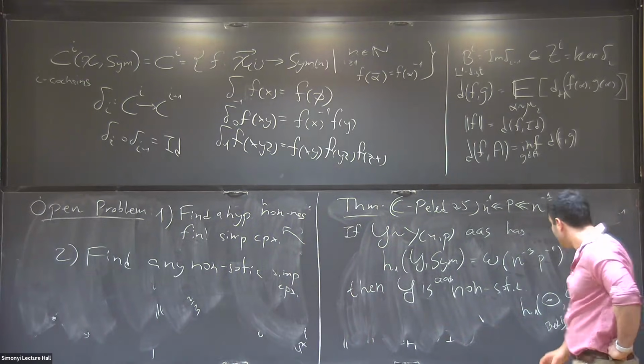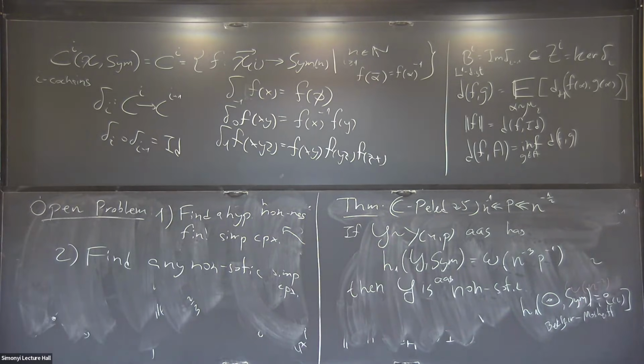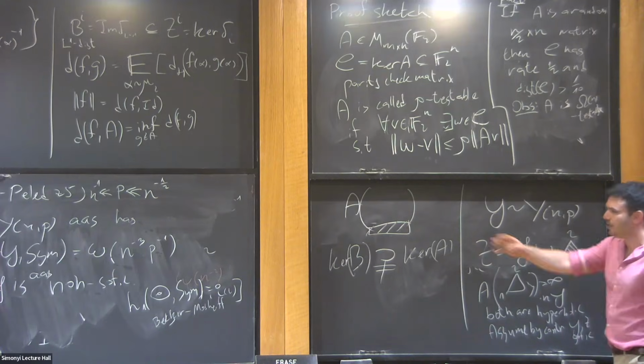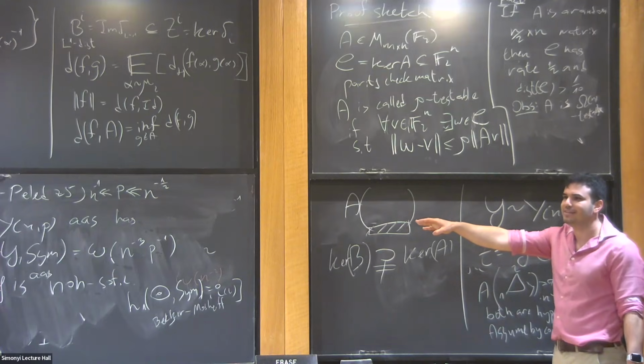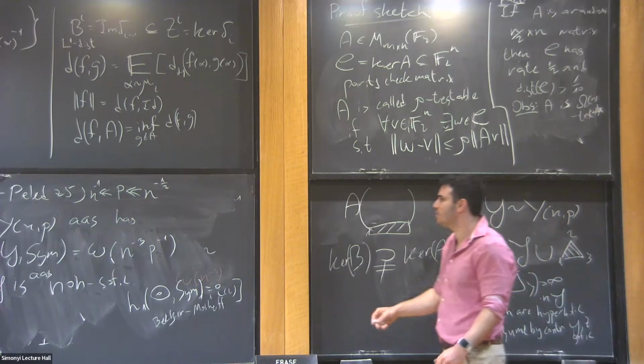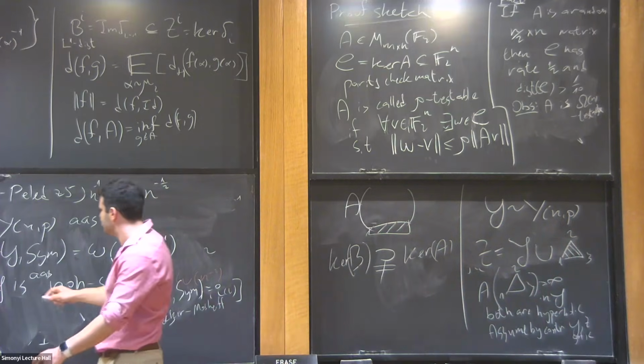But my point is, either y or z is non-sophic, in which case this proof is essentially done. Then there exists a non-sophic one.